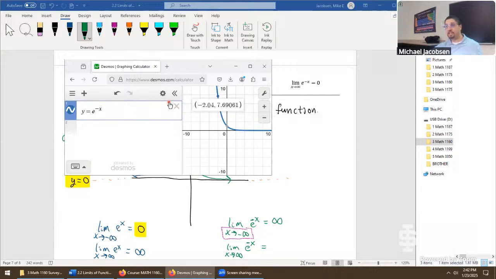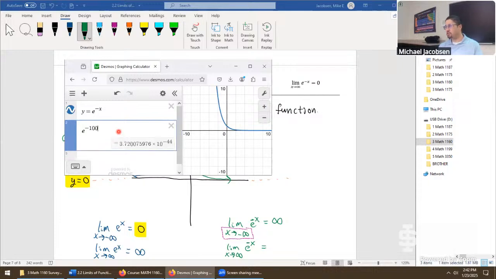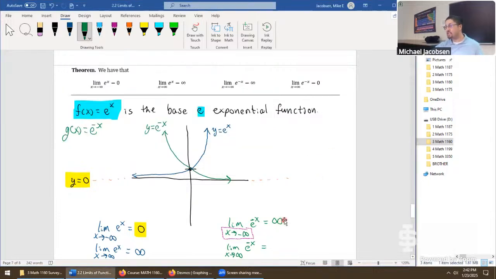We can get over 70 just by making it, say, e power negative, let's put in 100. Well, that's a humongous number. e power negative of -10, that would be the right value to put in, gets us over 22,000. We put in 100 there, we're already at a gigantic exponential function, order of magnitude 43 on that. All this to say is the function's growing rapidly as you head to the left towards positive infinity.